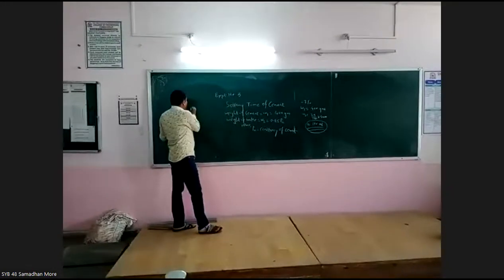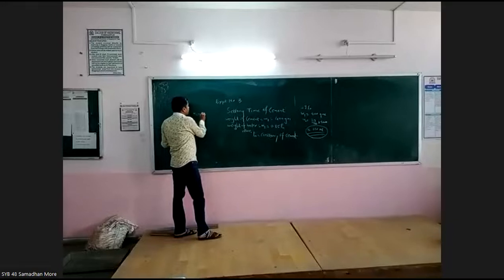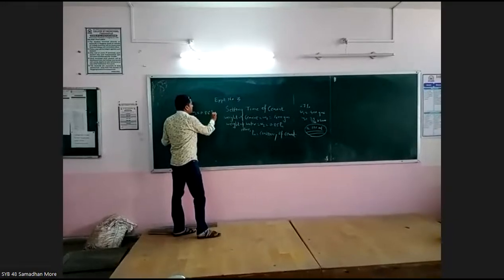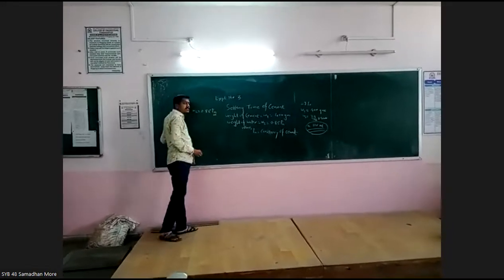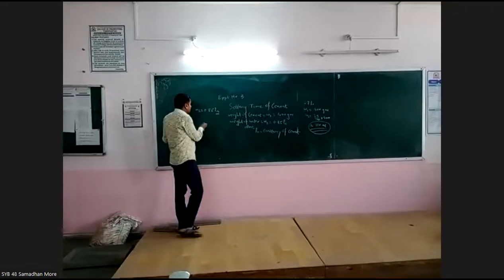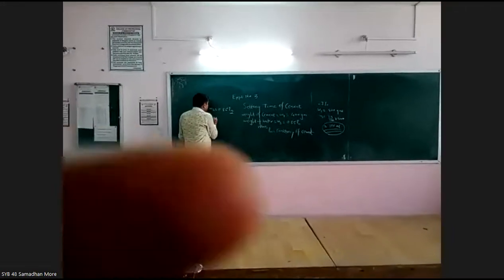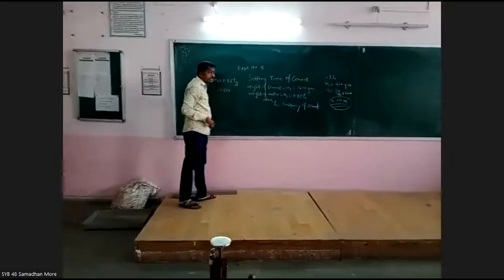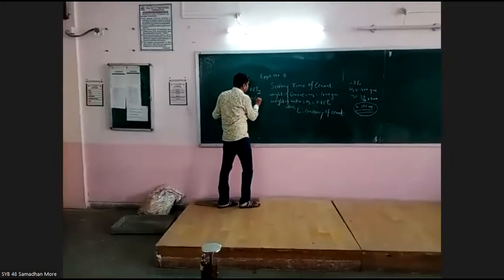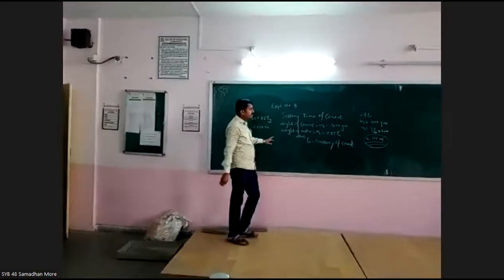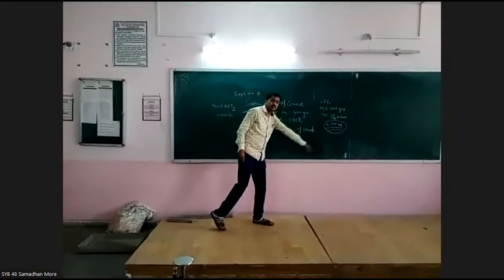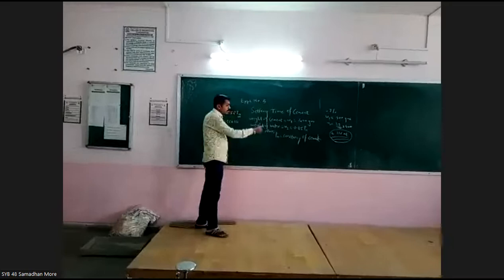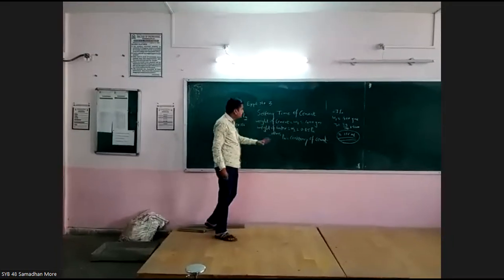So if you calculate W2, it is 0.85 of PN. PN is nothing but the consistency. PN stands for the normal consistency. So 0.85 multiplied by 116. Now 116 is what? It is the consistency of that particular cement, or the amount of water required to make a good workable paste.